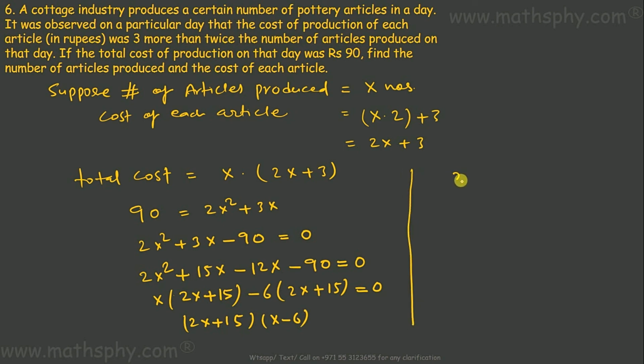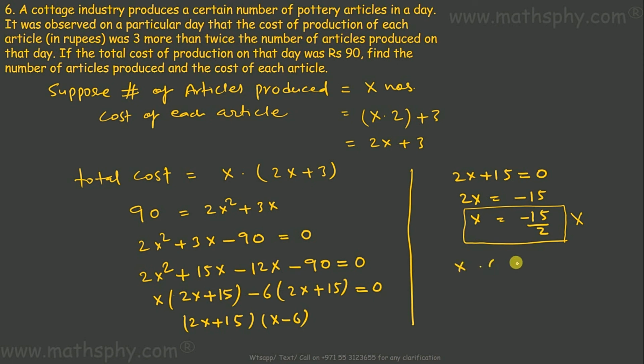So 2x plus 15 equals 0, 2x is equal to negative 15, x is negative 15 over 2, which is not possible because the number of articles can never be negative. It has to be positive. So this is not possible.